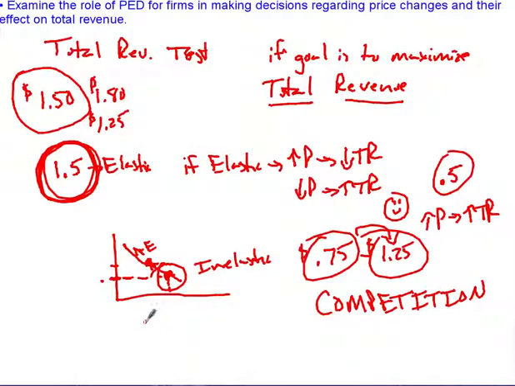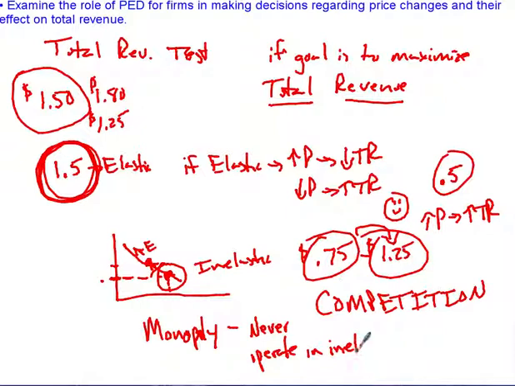Now, just so you know, when we get to monopolies, remember the monopoly is one producer in an industry, and so they will never operate in the inelastic range.